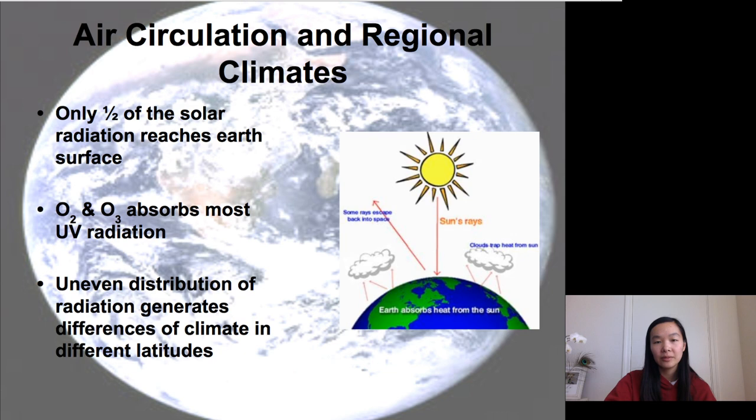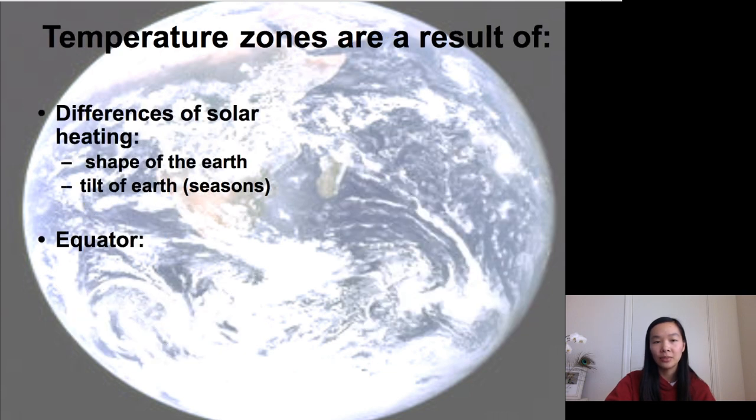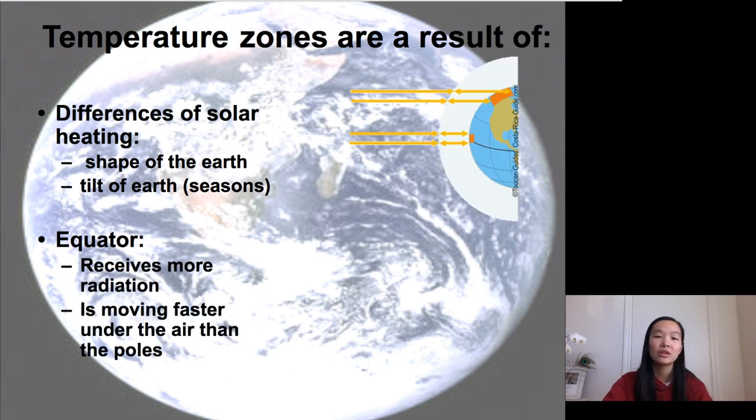But because the Earth is in the shape of a ball, where's that picture? Okay, there it is. So you see how the Earth is shaped as a sphere. You know that. So when sunlight is hitting the Earth, it doesn't always hit all surfaces of the Earth directly, right?